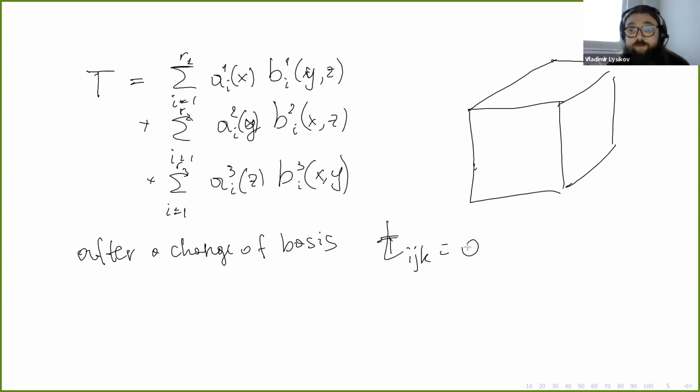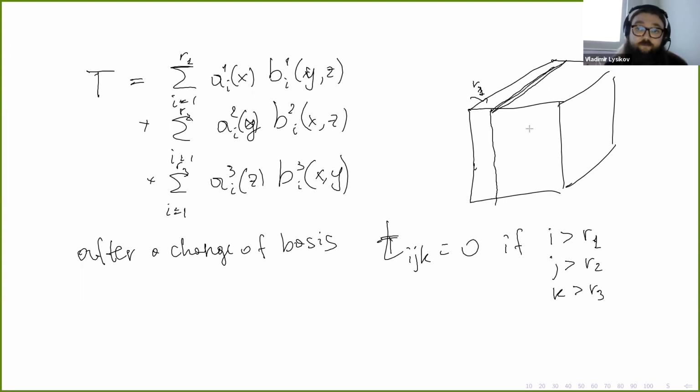So T_ijk is 0 if i is greater than R1, j greater than R2, and k greater than R3. This means in the first direction, we have some R1 summands, which are linear forms in this direction, and some bilinear forms here.